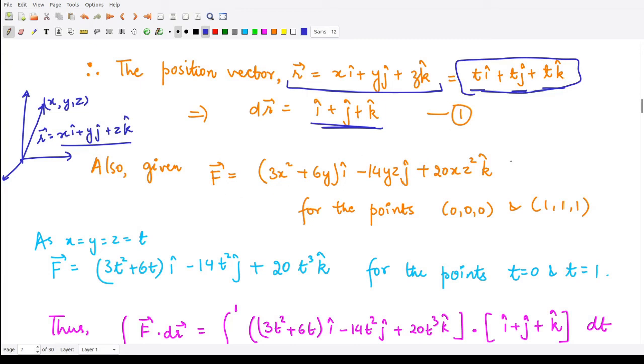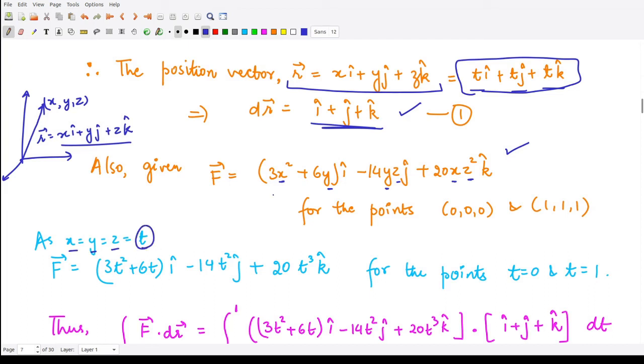Now you have vector f, you have vector dr. So the next task is to calculate their dot product, and before doing that, in the f vector we also see x, y, z variables. So we convert all these in terms of t, because x is equal to y is equal to z is equal to t.